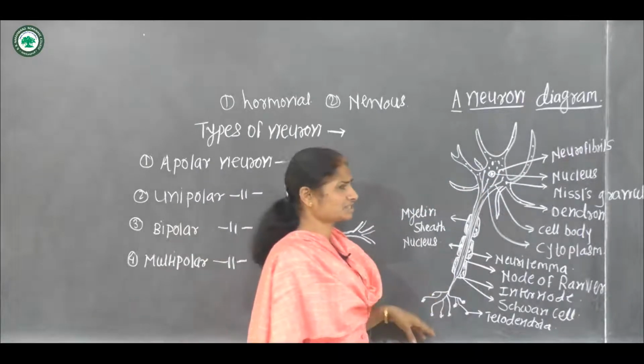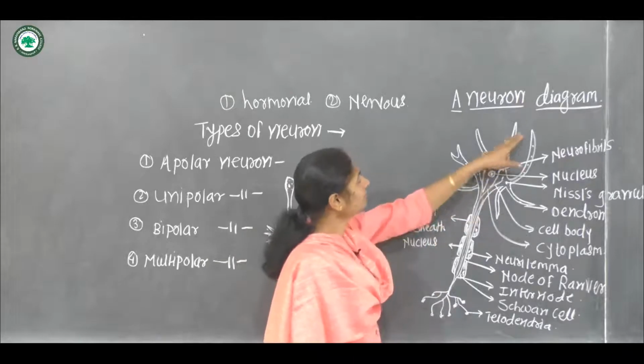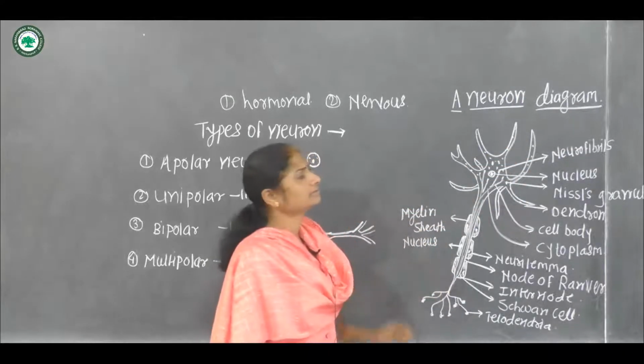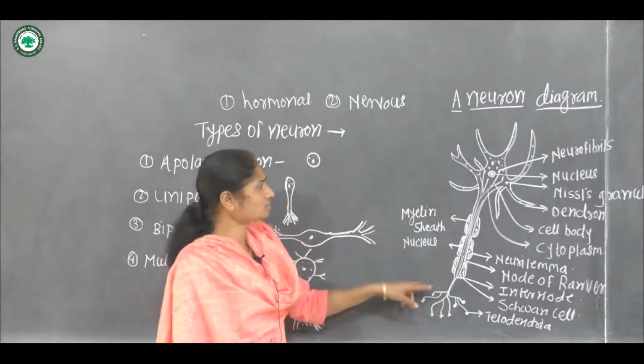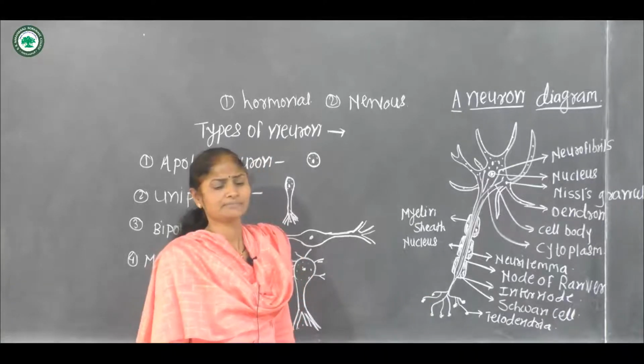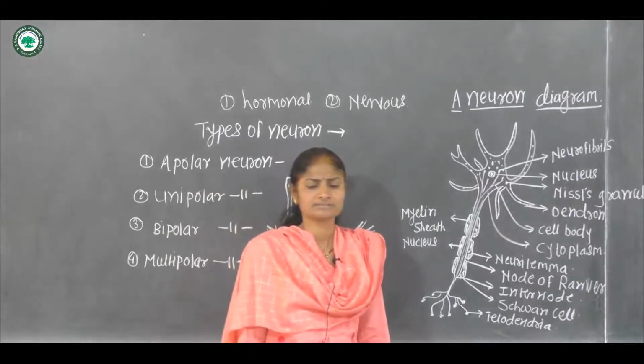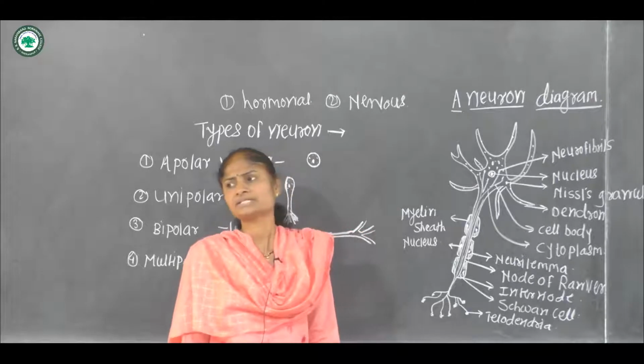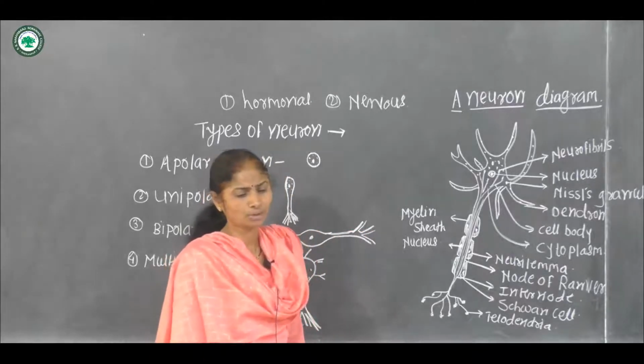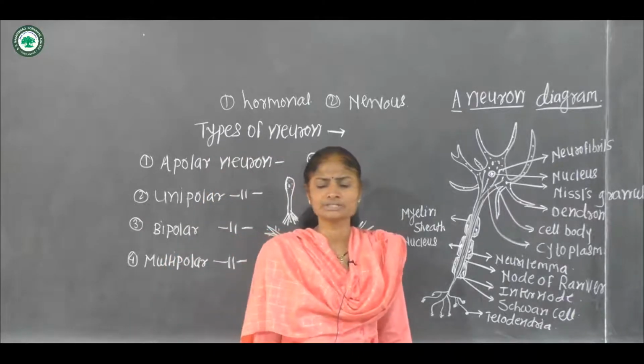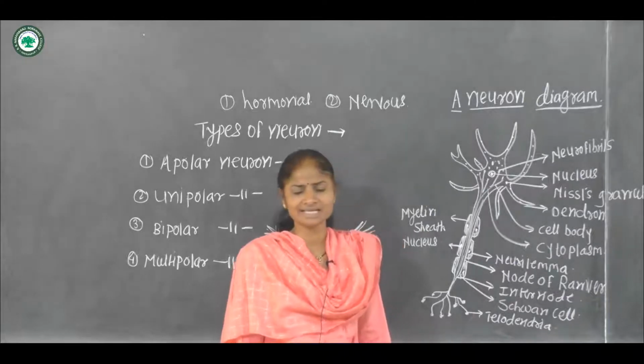Neurons mainly consist of three parts: cyton, dendron and axon. The first part is the cyton, which looks like a cell.